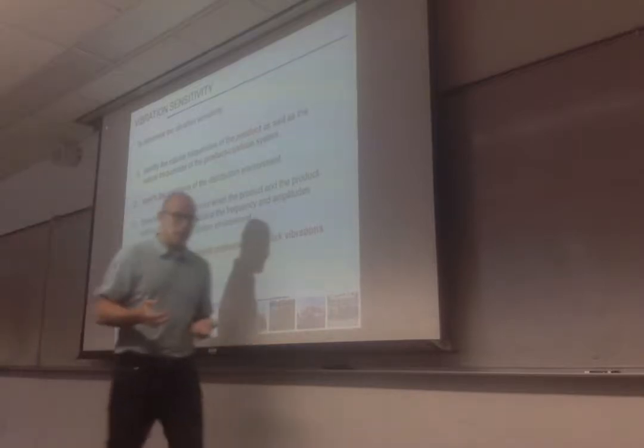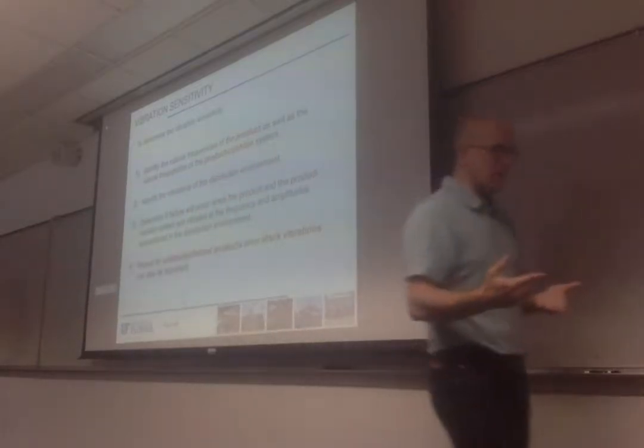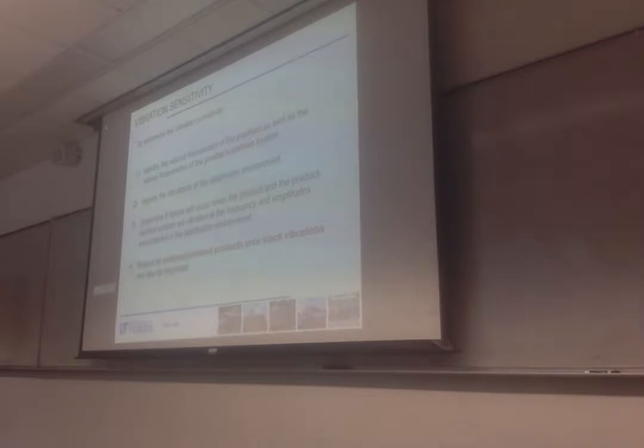So that's the first step. And then if you notice that these frequencies where you can have resonance are major and associated with the distribution and transport environment, then you may have to think about doing something about it, okay? That means you may have inserts or something that will prevent those moving parts from moving. So that could be one thing.